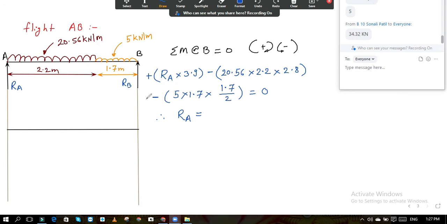RA is 34.32 kilonewton. We have got the positive answer, so RA is moving up, and the direction is not going to change.